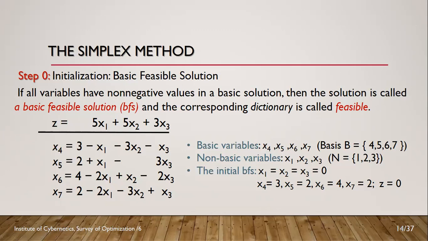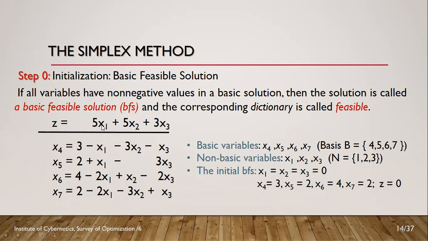Our initial basic feasible solution is given by the one presented on the slide. The question is, how can we obtain a better solution from the given solution? So let's look at the objective, at the zero row. Let's think how we can improve our objective.